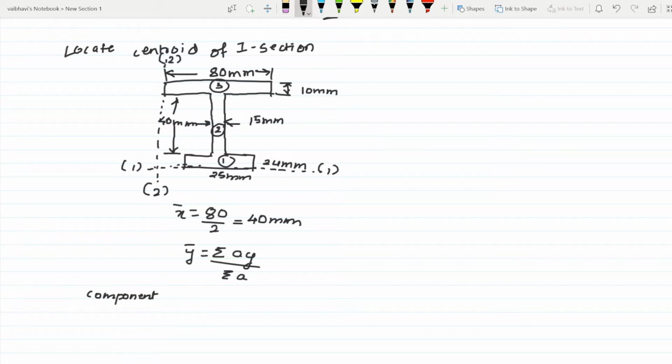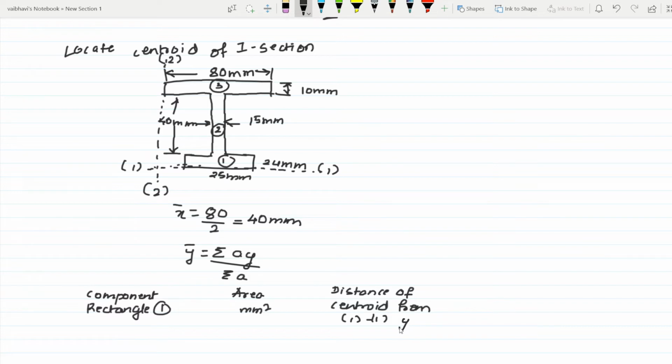So the first component, that is rectangle 1, area in mm square, distance of centroid from the 1 1 axis, that is y in mm.